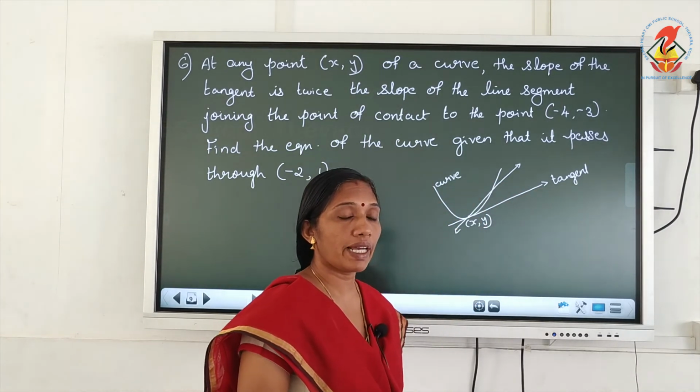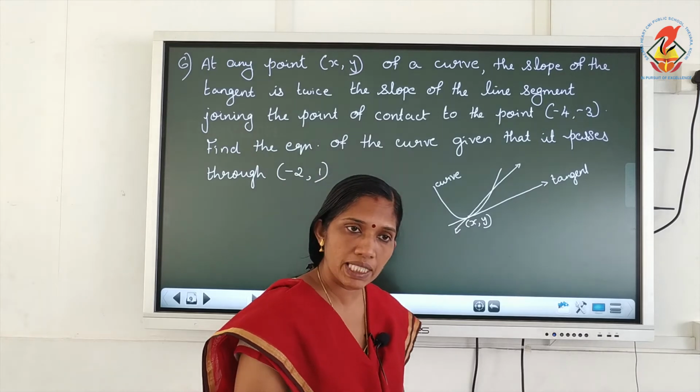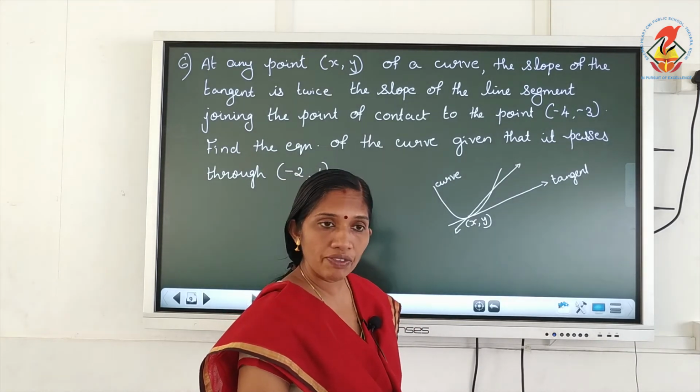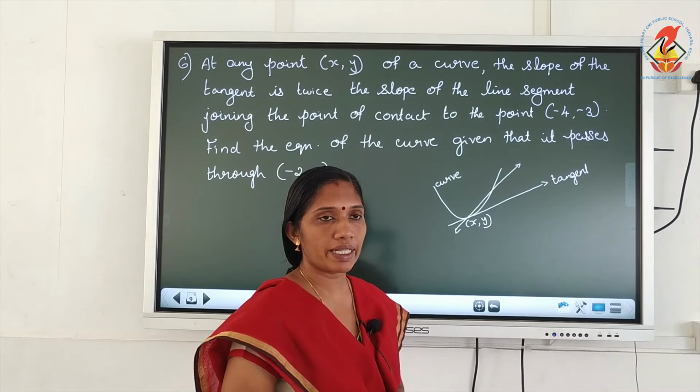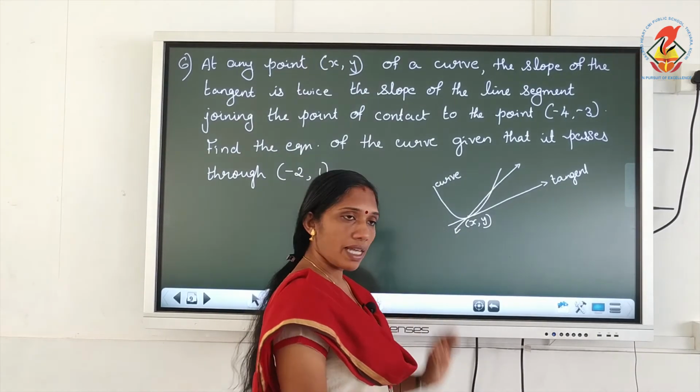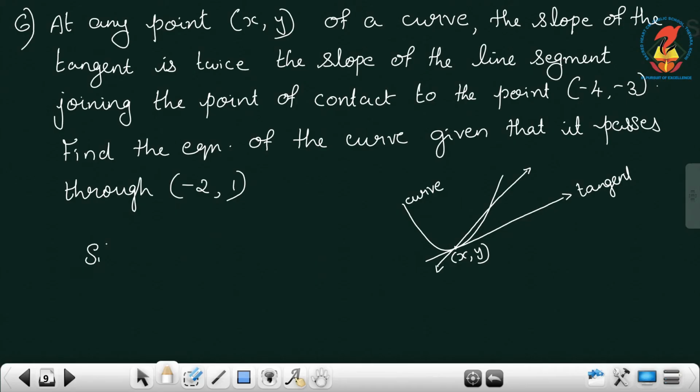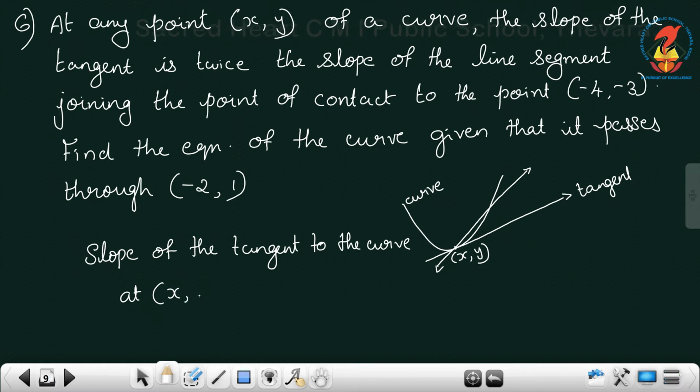The slope of the tangent to the curve is the same as the derivative of the curve, that is dy/dx. So the slope of the tangent to the curve at the point of contact (x, y) is dy/dx at the point (x, y).